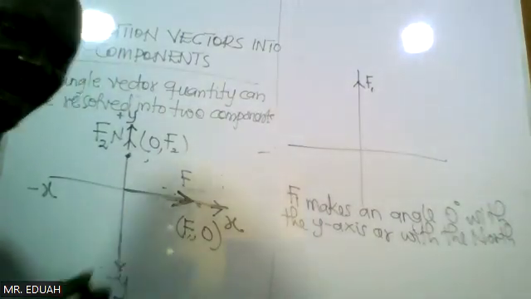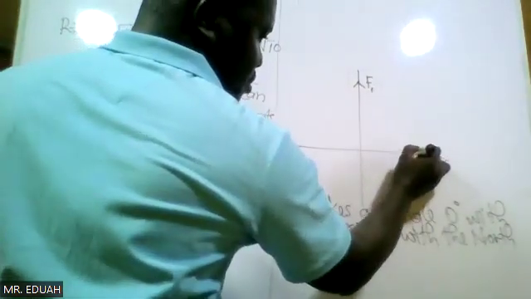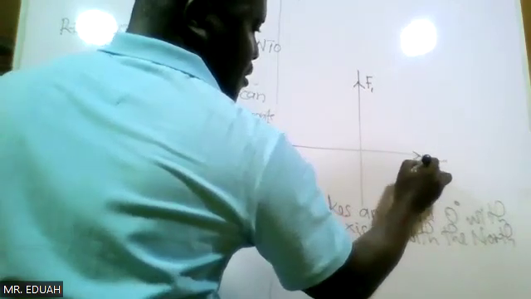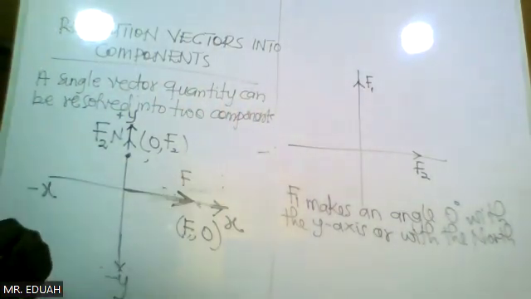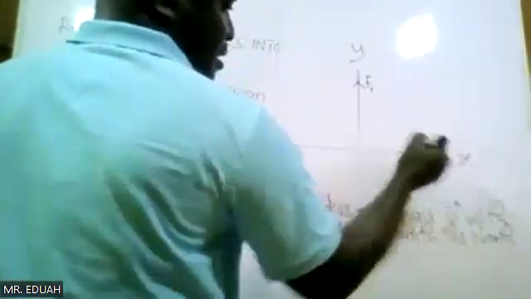If I have another one, maybe F2, and it lies along the x-axis, this is the y-axis, this is x.